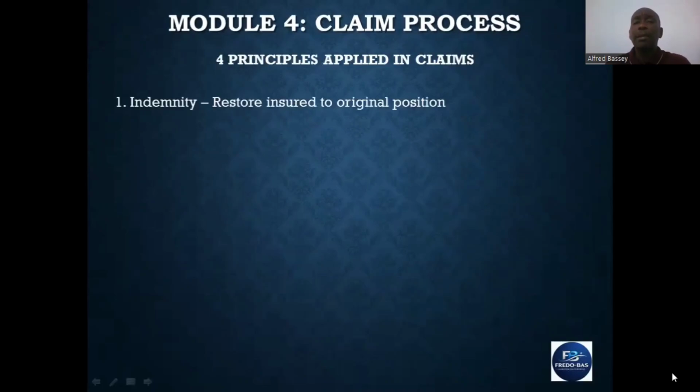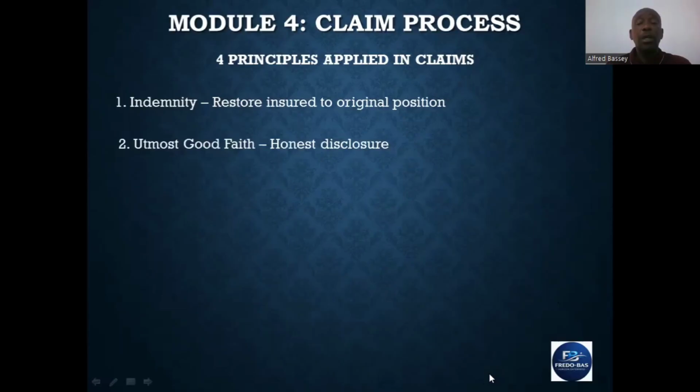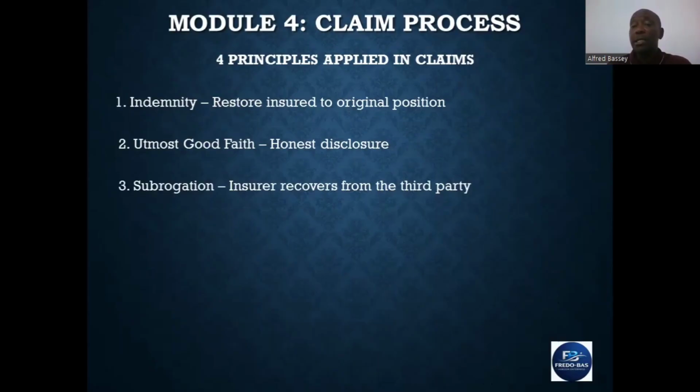Now, principles applied in claims. We want to know what the principles applied in claims are. First principle is indemnity. The insurance company wants to restore the insured to the original position, which is very key because that's the main idea of insurance. It has to be restored. The second one is utmost good faith. There must be honest disclosure after an event has occurred. Subrogation: the insurer recovers from a third party.